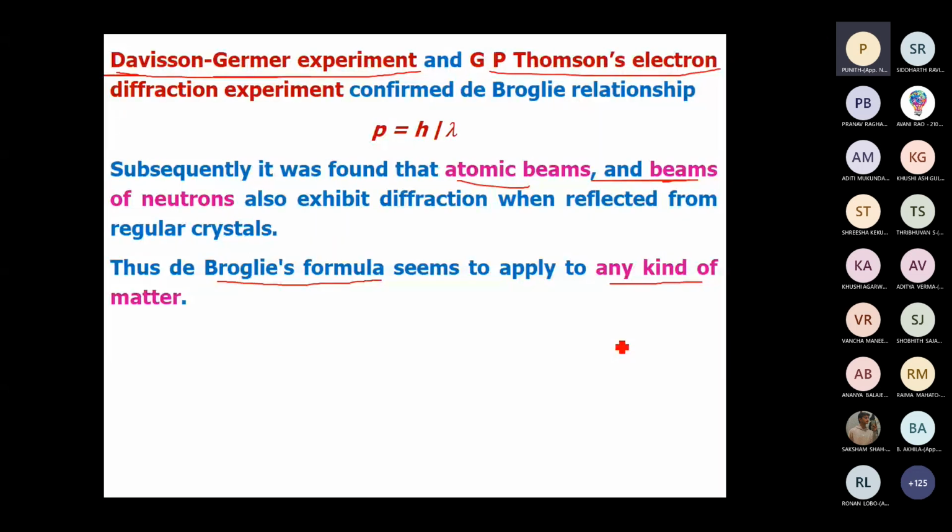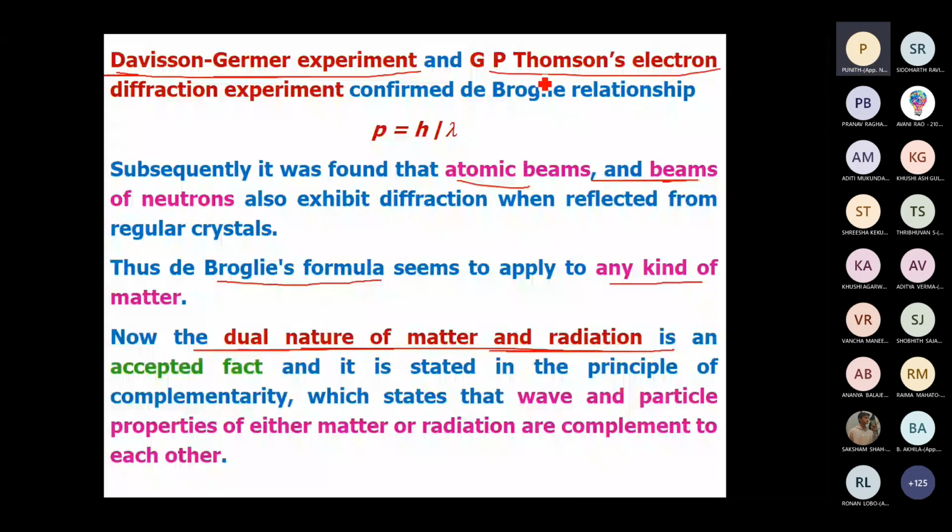G.P. Thomson is the son of the physicist and Nobel laureate J.J. Thomson. He's the same person's son.